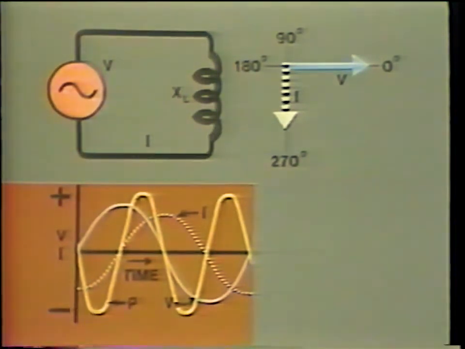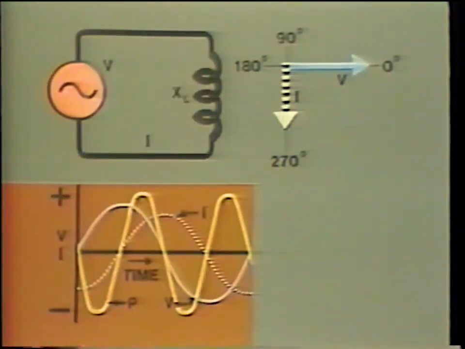So, this then is the resulting power wave for a circuit consisting of inductance only. Be sure to notice that the voltage and current are out of phase, so the power curve has a negative component. This is unlike the case with pure resistance, where power was always positive.